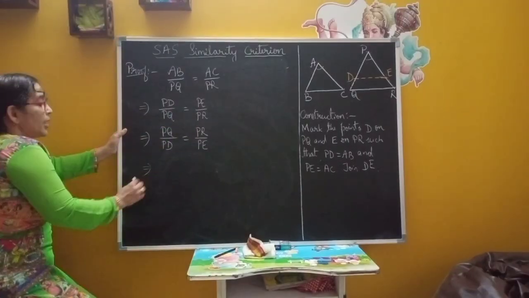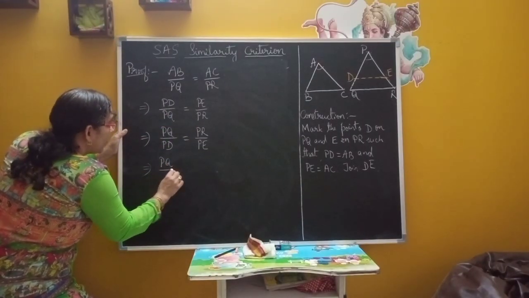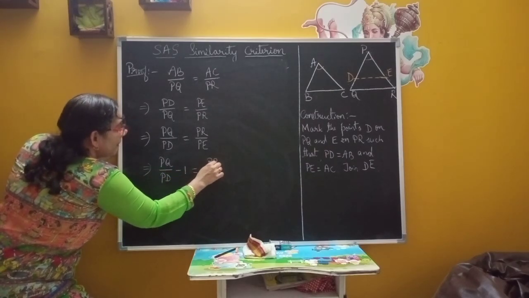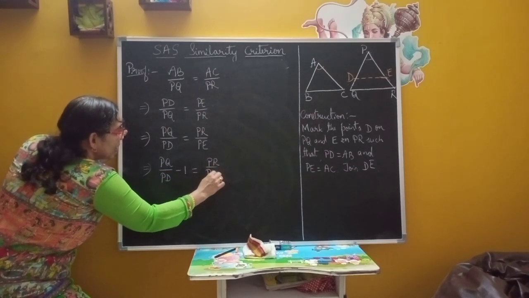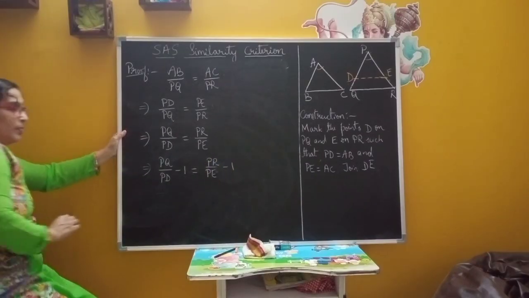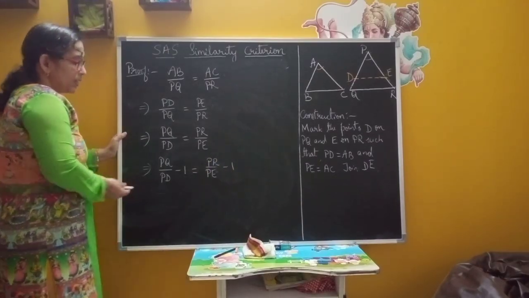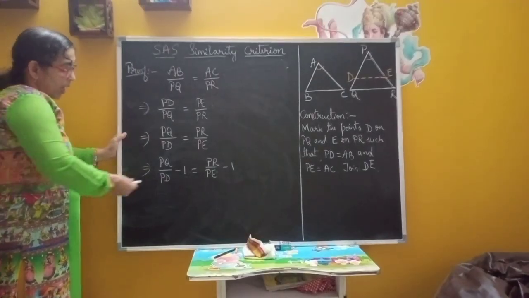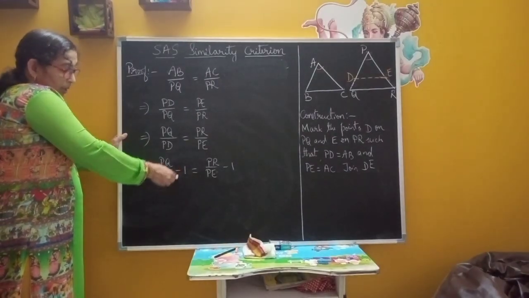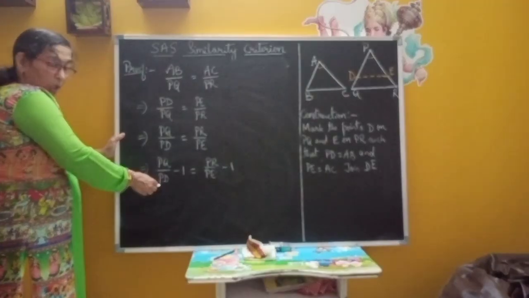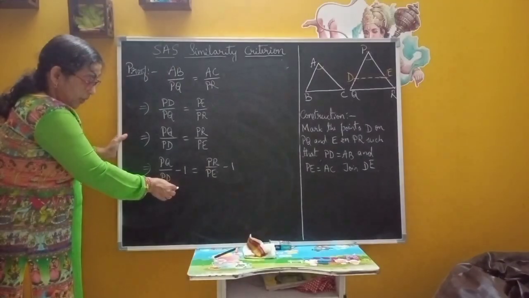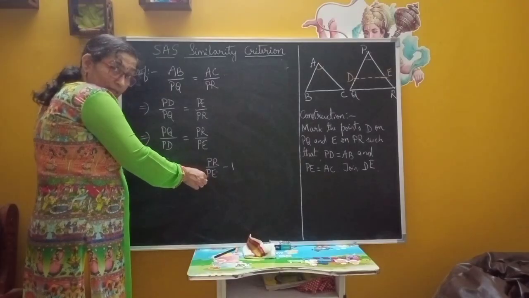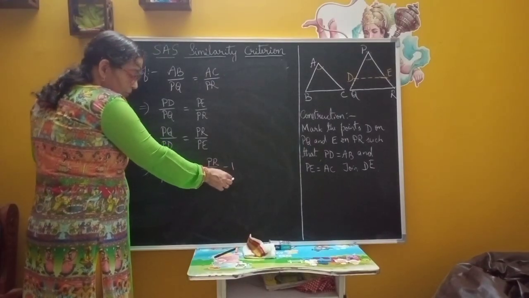So let us take PQ by PD minus 1 is equal to PR by PE minus 1. Now 1, if you take PD as common denominator, becomes PD by PD. Here, if you take the LCM as PE, it becomes PE by PE.